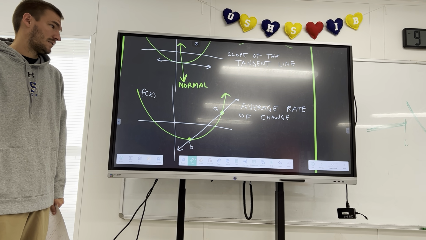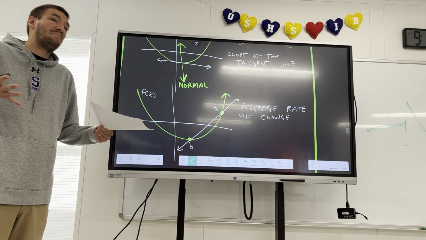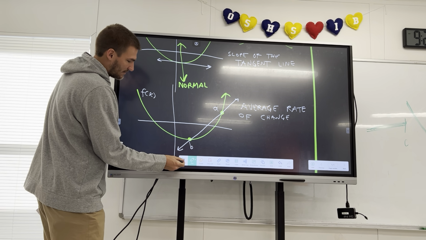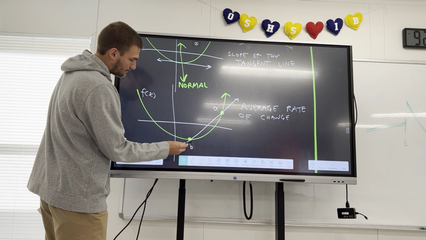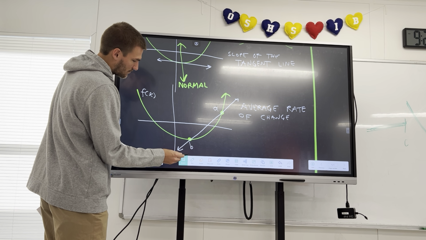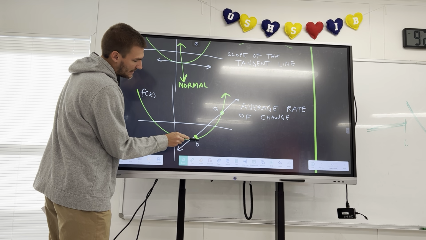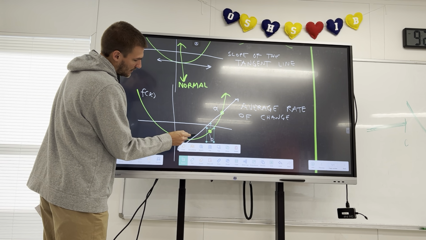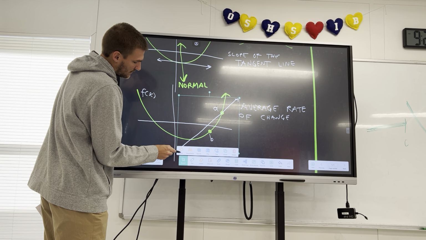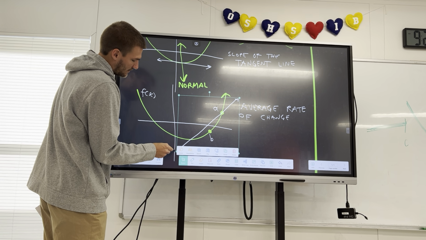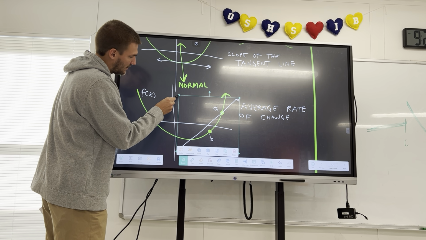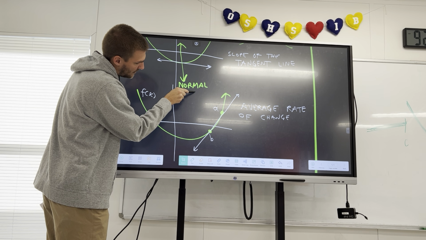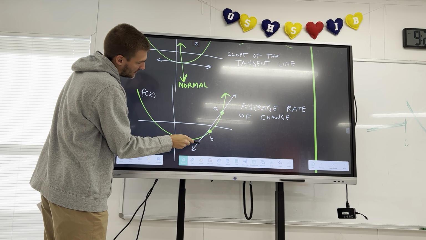Now, how can we make this a better guess? We can slide some of this stuff around. So, if we slide B over here, I don't know if this is going to work. Let me grab it. And then we change up our question so it looks more like this.